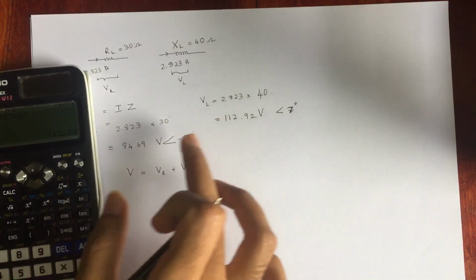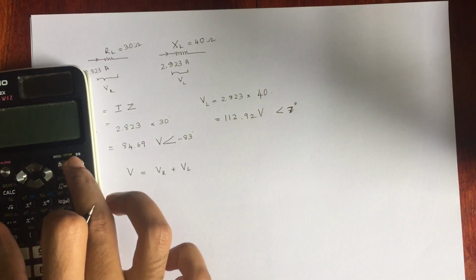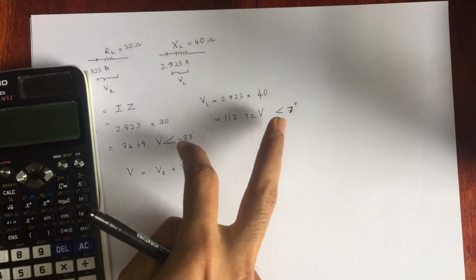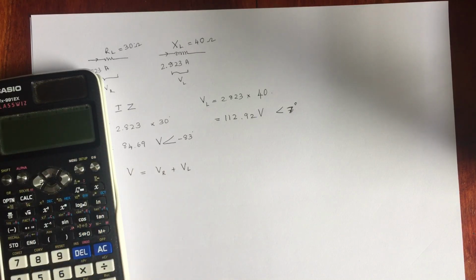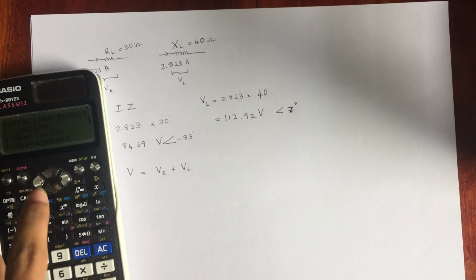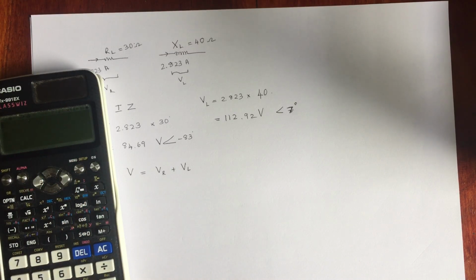Be careful, you can't directly add these two because they have two different polar forms. So I'm going to use this calculator, and I'm going to change this to polar form. I'm going to return the answer in the shift menu, complex, and okay 2.